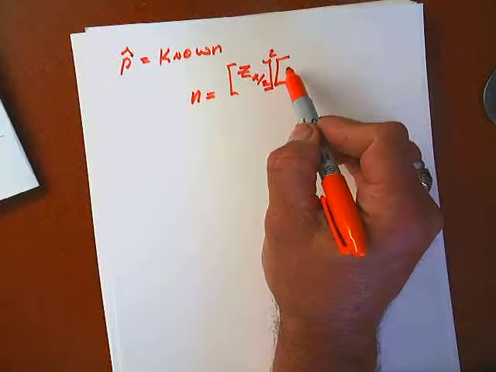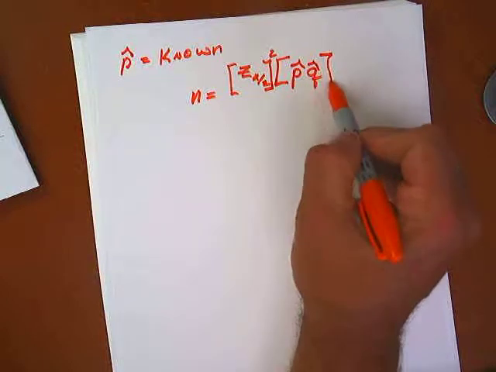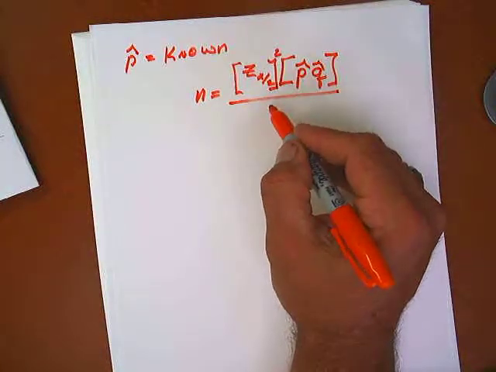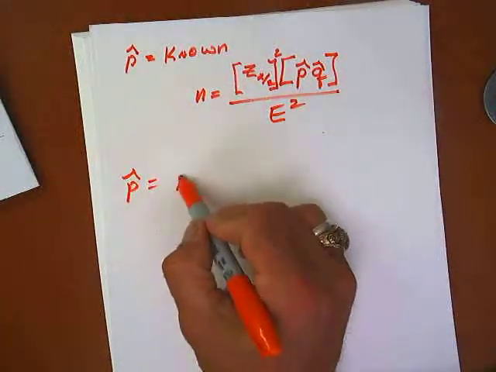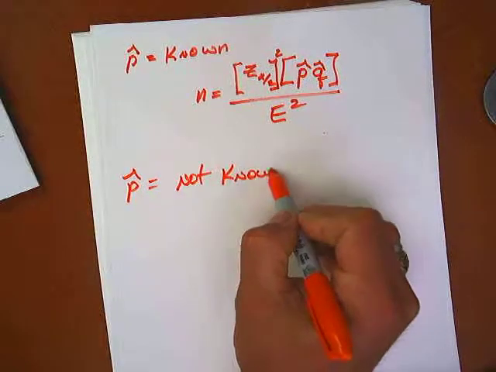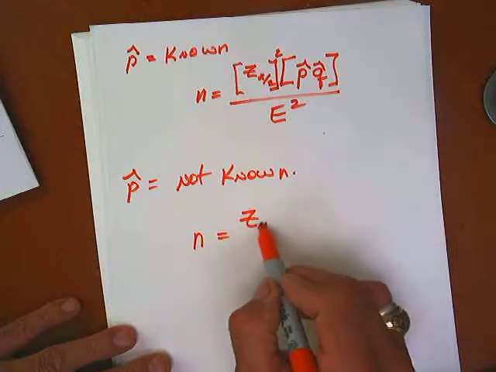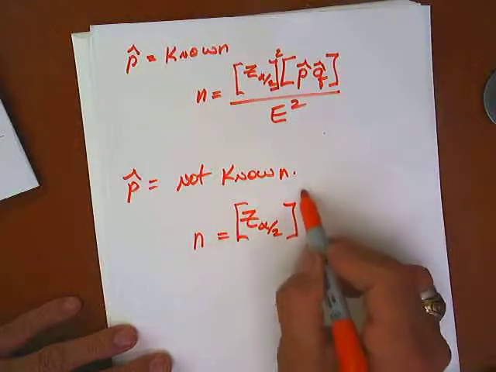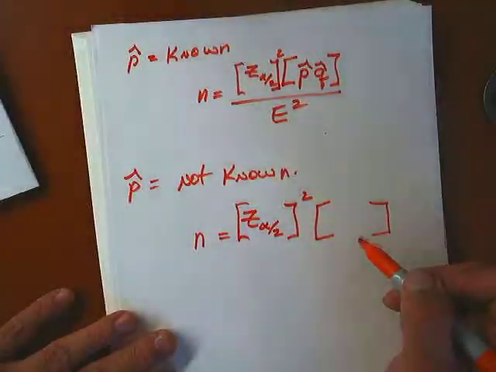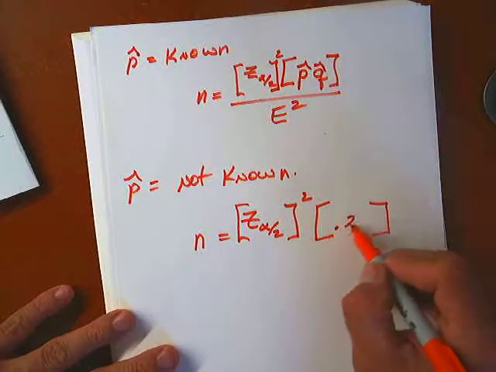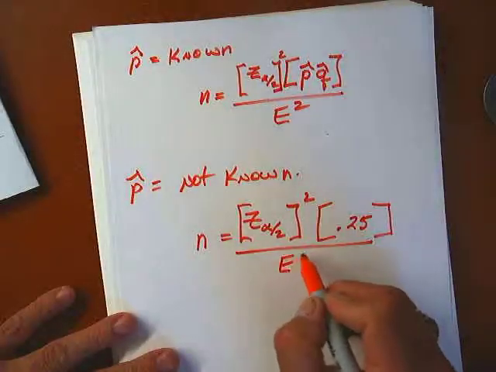The only thing that I haven't covered in 7.2 is the sample size. When p hat is known, you use this formula: n is equal to z sub alpha over 2, squared, multiplied by p hat q hat, over e squared.